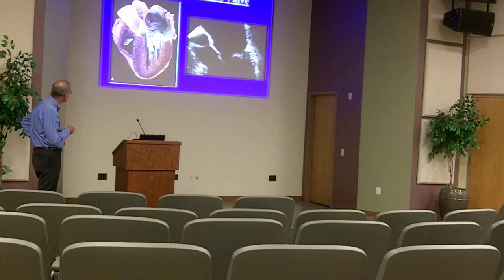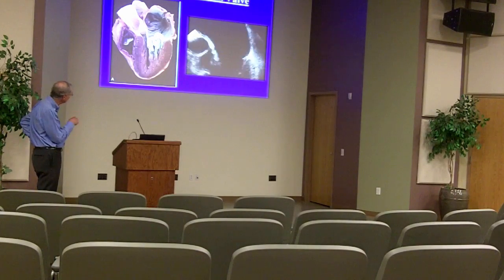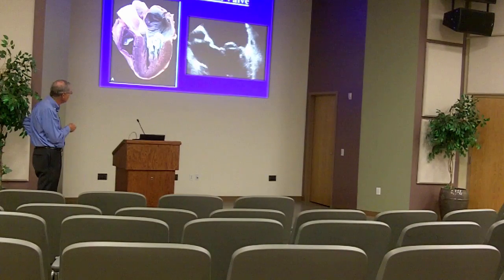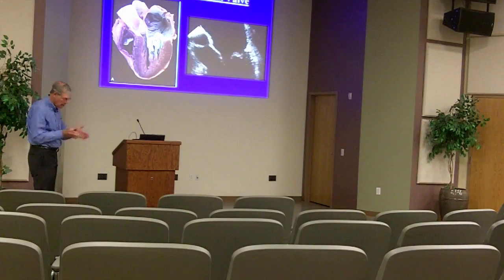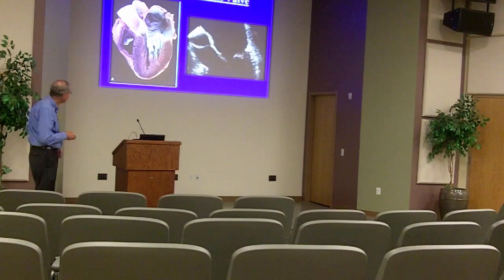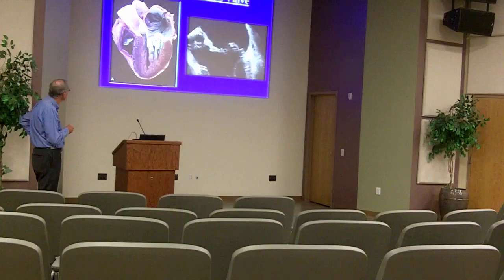Does anybody know about a mitral valve prolapse? Anybody? Great. Okay. Mitral valves can have a prolapse, and you can see how that prolapses up instead of just coming together like that. This is called a myxomatous valve, and about 2% of the population have some degree of a leak in their valves.